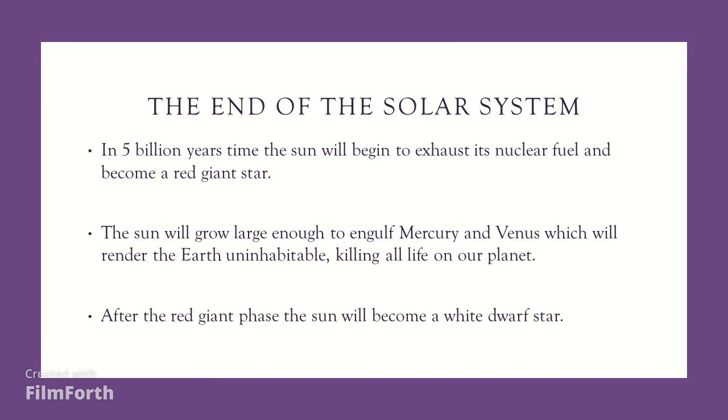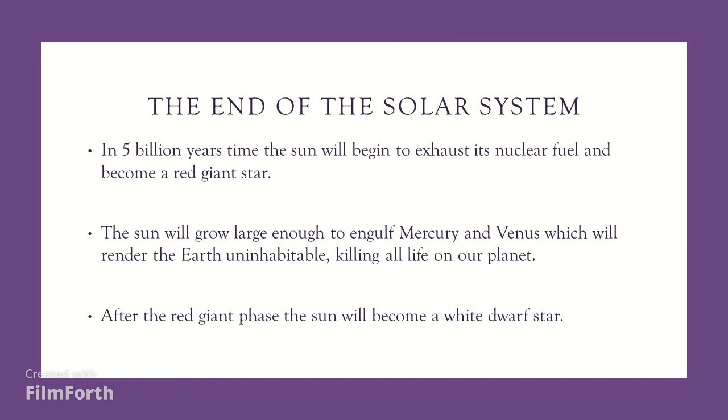Now, what's going to happen to our sun? Well, at the end of the sun's life, in about 5 billion years, okay, the sun will begin to exhaust its fuel and become a red giant star, right? It's an average-sized star. And the sun will grow large enough to engulf Mercury and Venus, okay, the first two planets in our solar system. So those planets will be encompassed within the sun, and it's going to make the Earth uninhabitable.